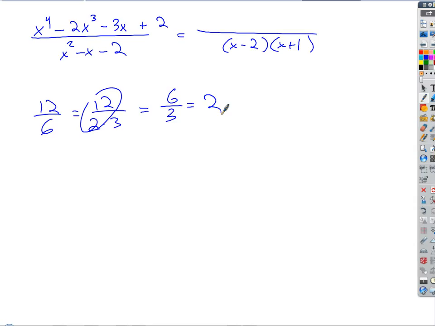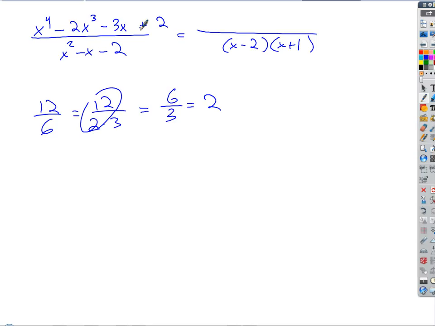What's the moral of the story? I have two linear factors on the bottom. So couldn't I do synthetic division twice, right? I could take this polynomial and divide by x minus 2, get an answer, right? And then divide by x plus 1. See what I'm saying? Okay.